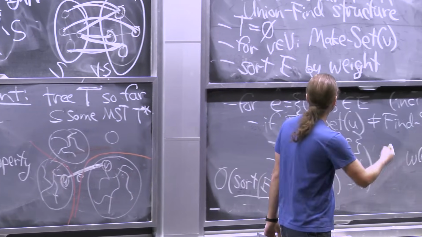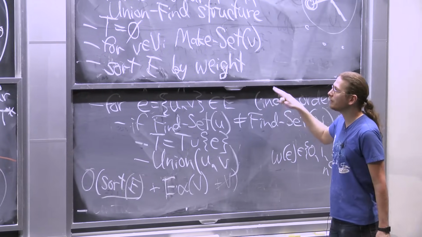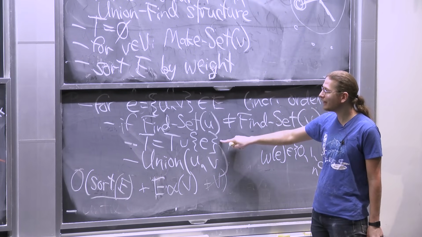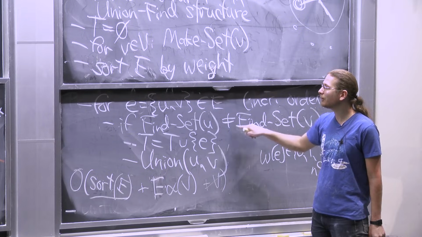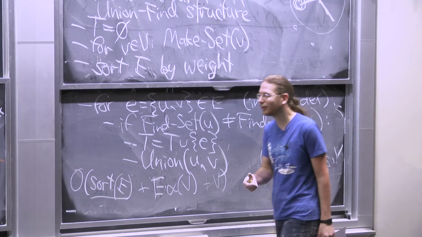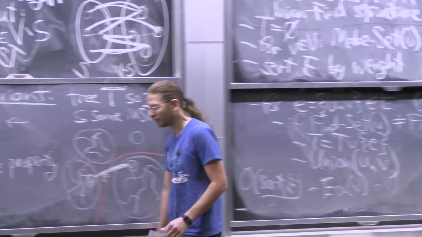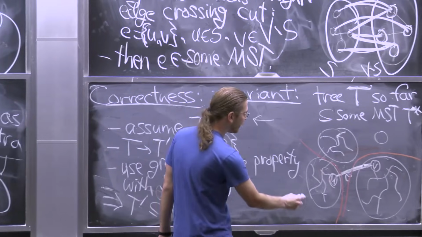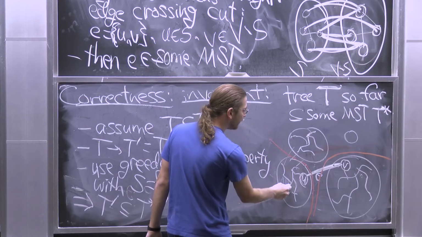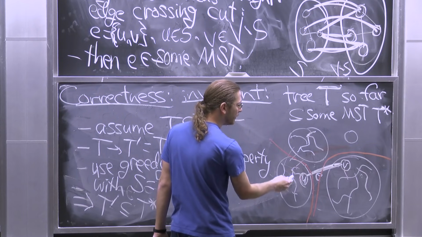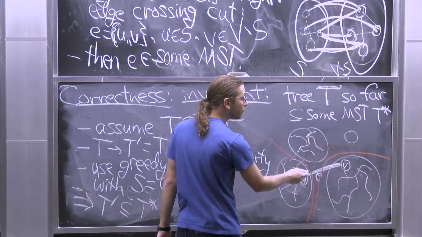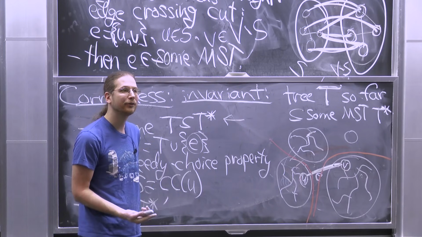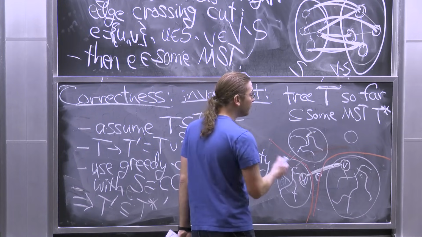They're not related to the edges that cross this cut. But we may have already considered some lower weight edges that we didn't add to T. If we didn't add an edge to T, that means they were in the same set, which means also those are, let me use my other color, blue. Those are extra edges in here that are inside a connected component, have smaller weight than E, but they're inside the connected component. So again, they don't cross the cut.